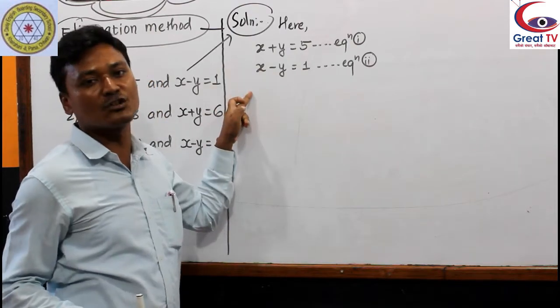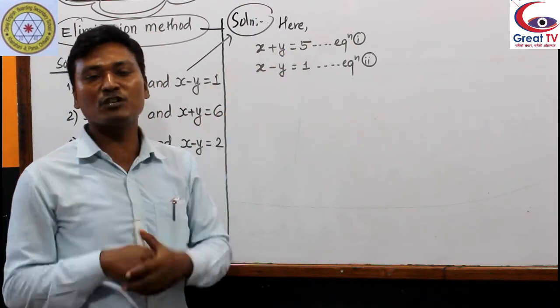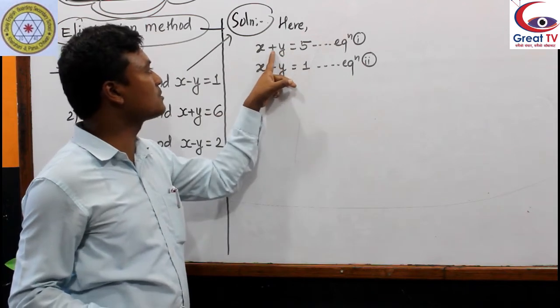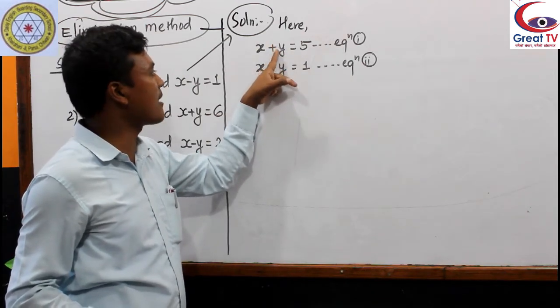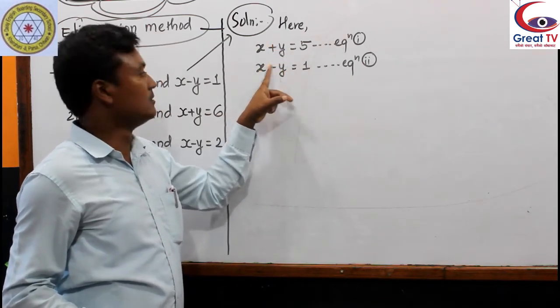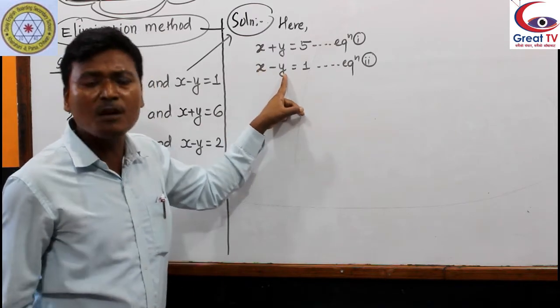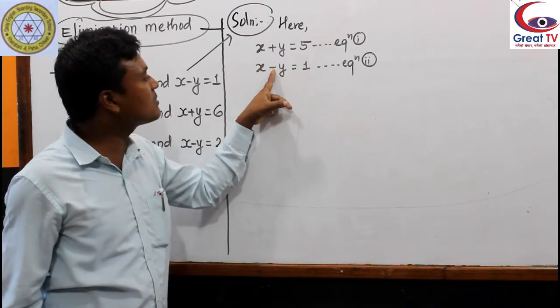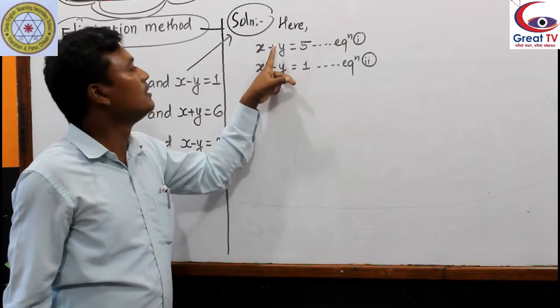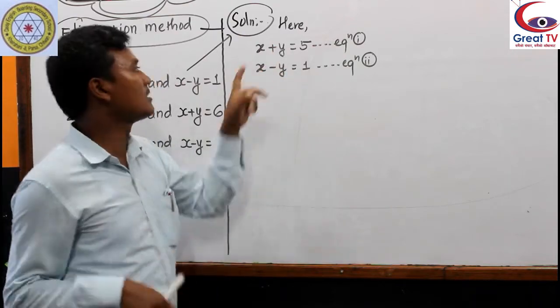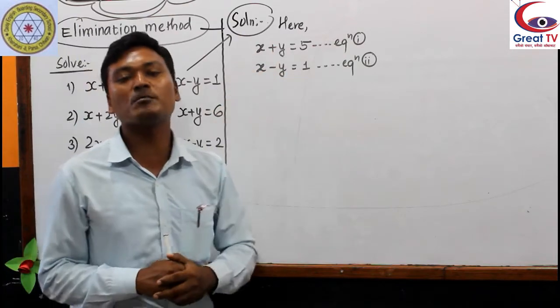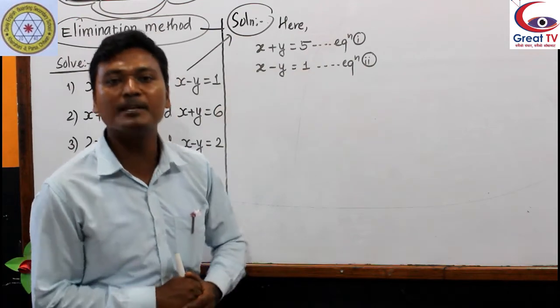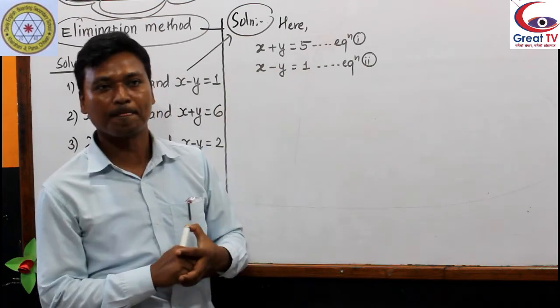Now if you want to eliminate y variable, y coefficient, if you don't consider sign, let us say 1. The coefficient of y here is -1, but if you do not consider sign, let us say 1. So the coefficients of y are also same, the coefficients of x are also same, and then we can eliminate the variables easily.